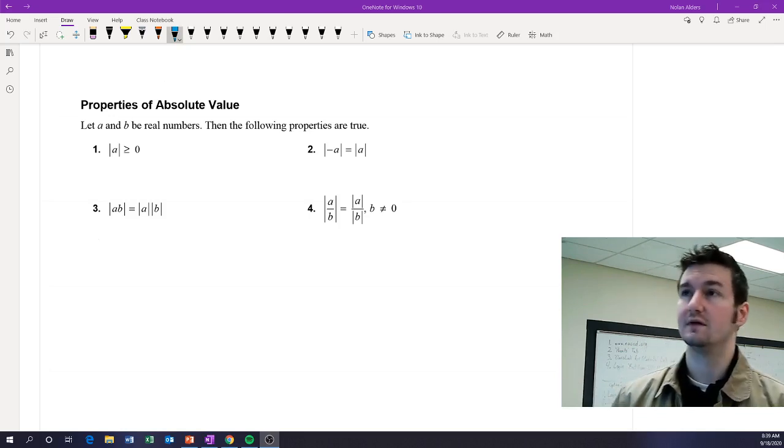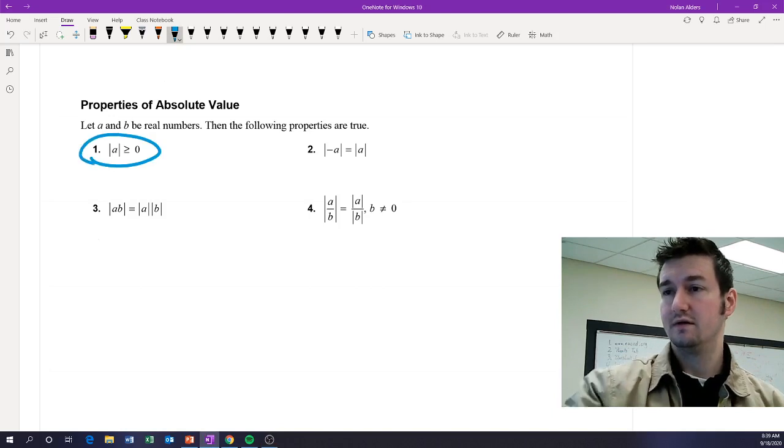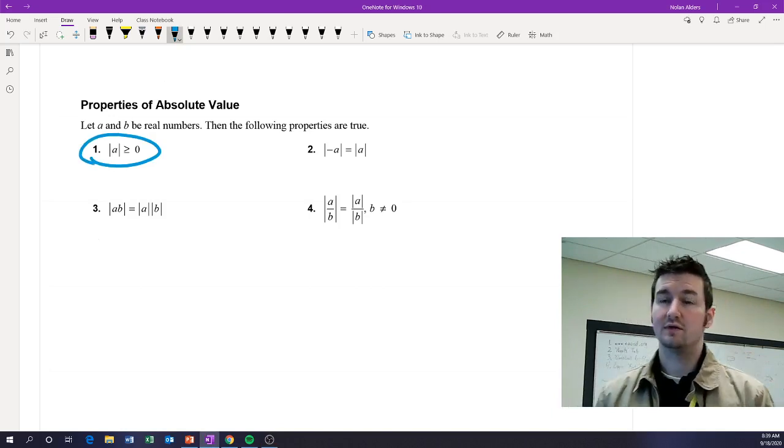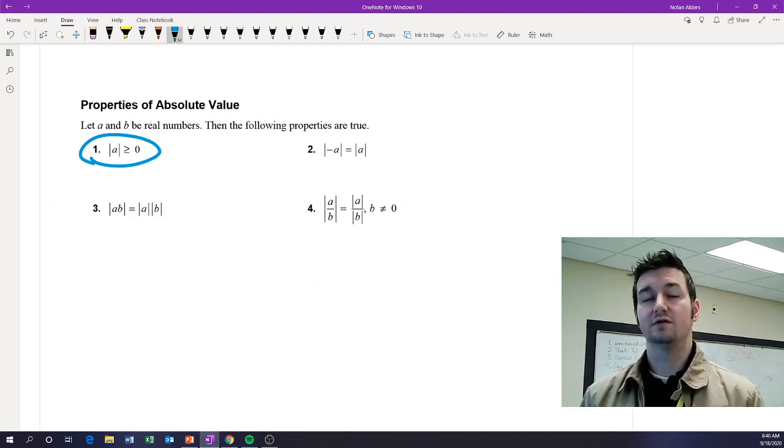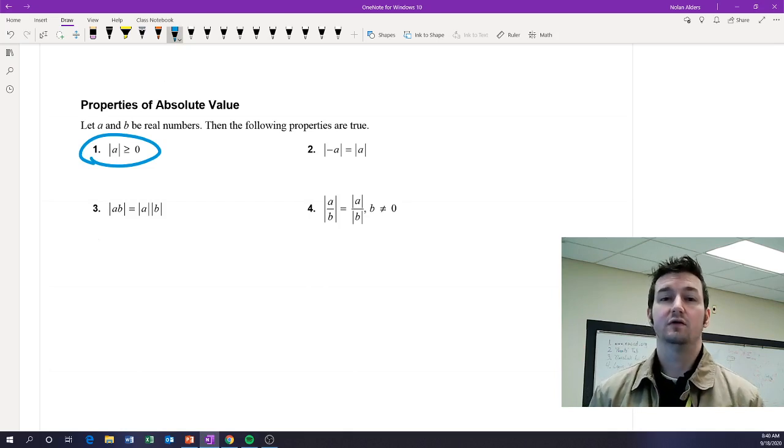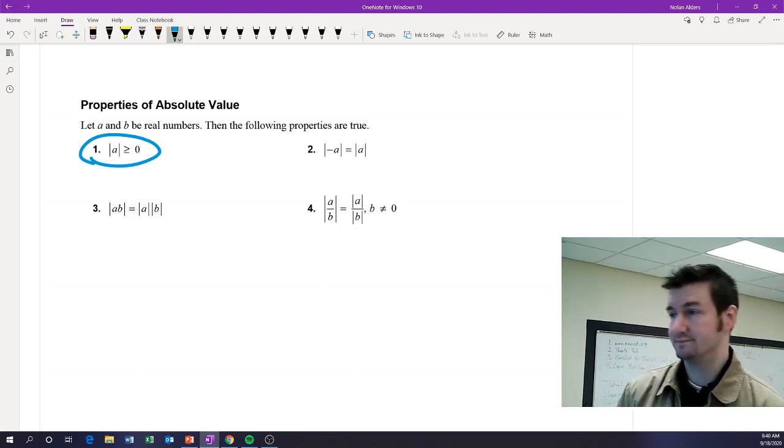So first of all, number one here, the absolute value of a number always has to be greater than or equal to 0. That's what absolute value does, it essentially removes the negative. So there's no such thing as a negative number after we take the absolute value of that. So absolute value of any number is always going to be a positive number. It has to be greater than or equal to 0.